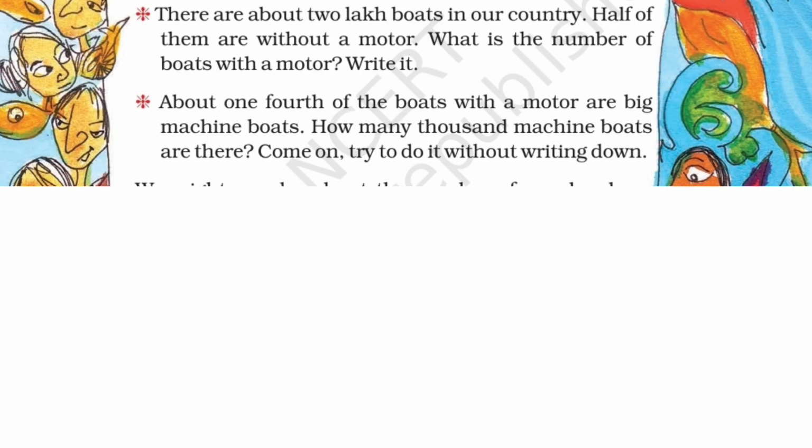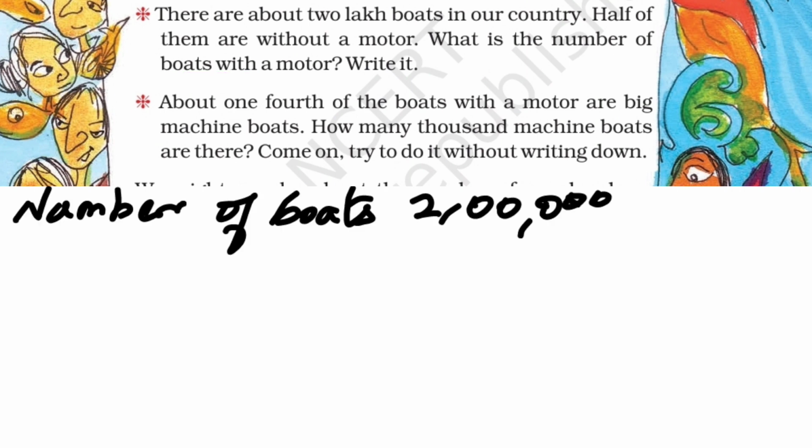Next question: there are about 2 lakh boats in our country. Half of them are without a motor. What is the number of boats with a motor? So let's find out. The total number of boats in our country is 2 lakh.